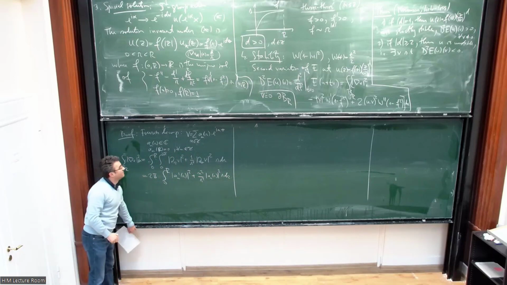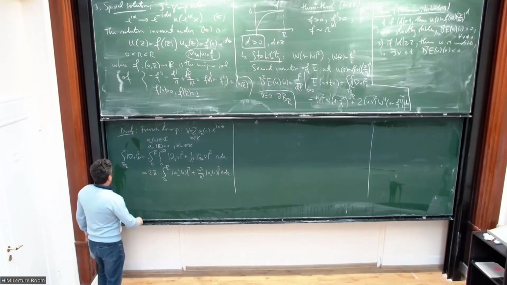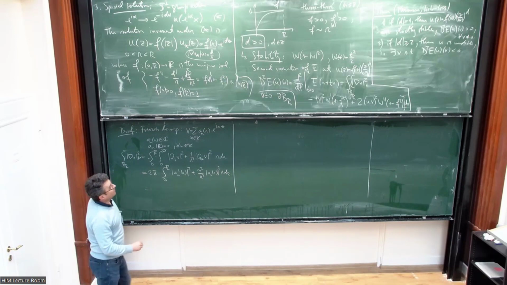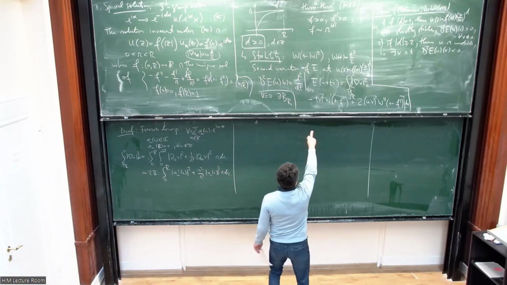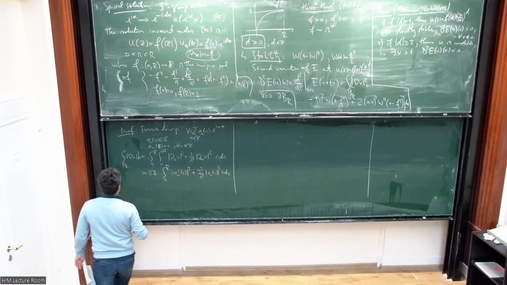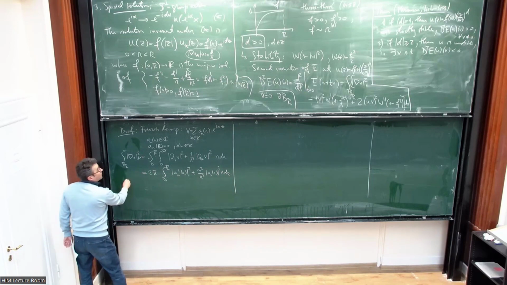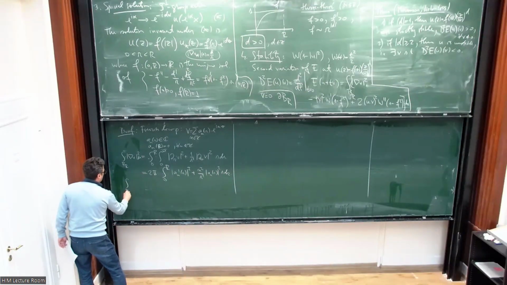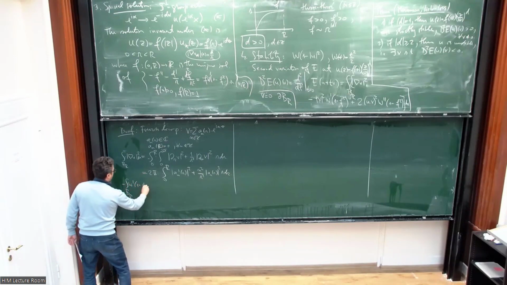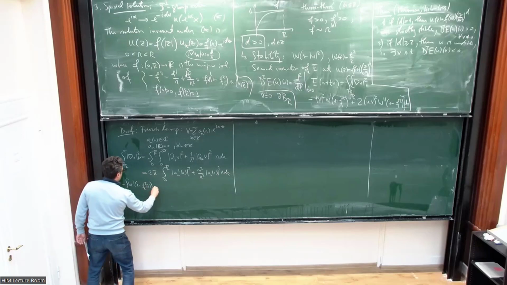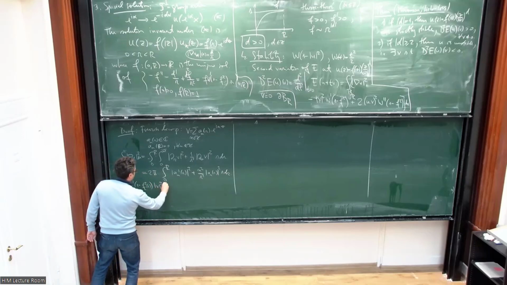Okay, so that's easy. Now the second term, which is this one. So keep in mind that f depends only on r, yeah? So d_r minus W prime (1 minus f squared) v squared.